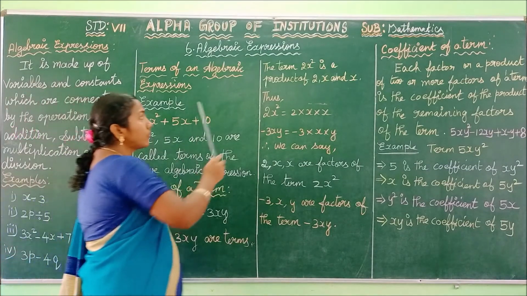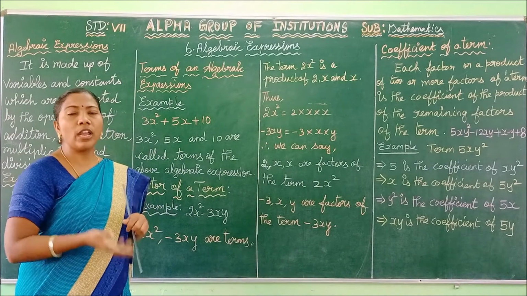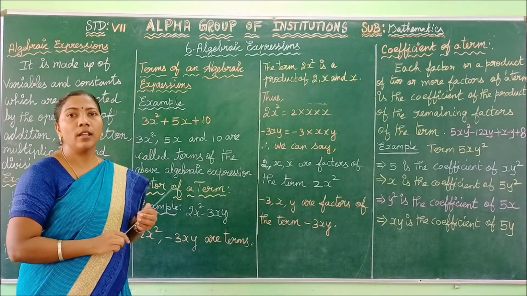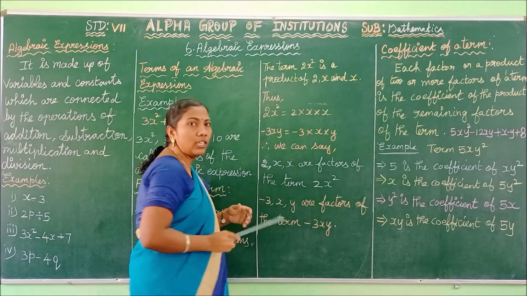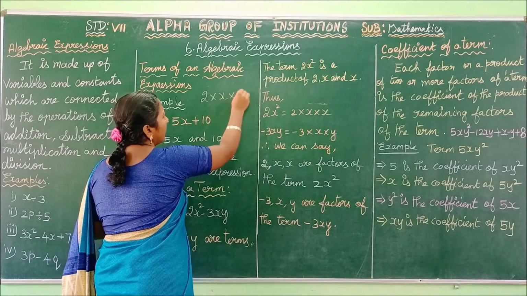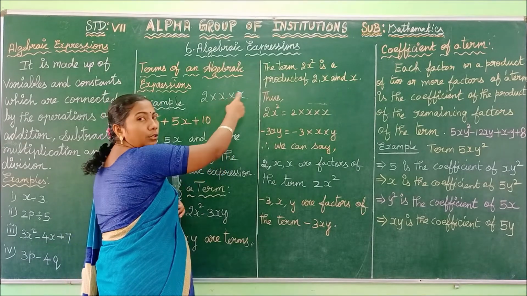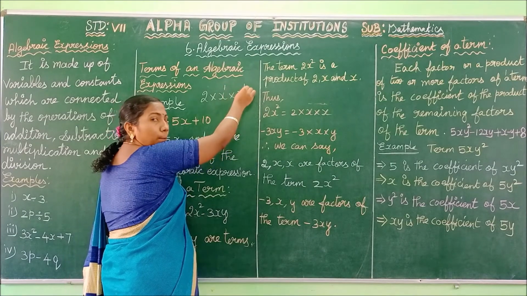See here. How can you get the term 2x square? It comes from the product of 2x two times. That is, if you multiply 2 with x, that is 2 into x. If you multiply x two times, it means you have to add the powers.